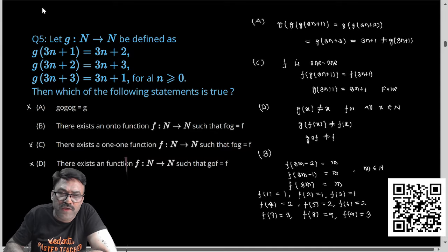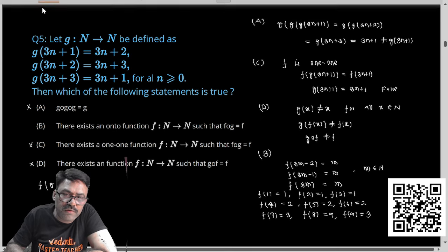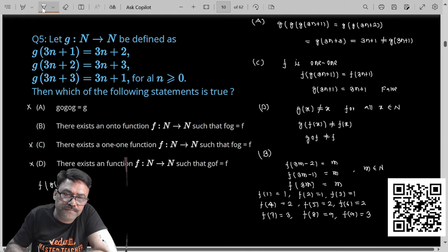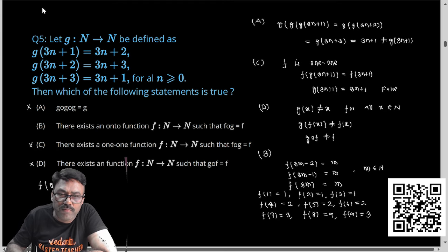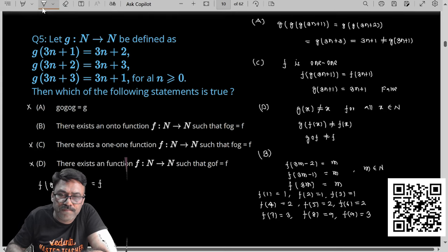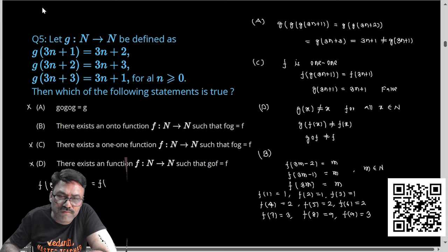Let me show you. If I take f of g of 3m minus 2, by definition of g, g of 3m minus 2 will become 3m minus 1.